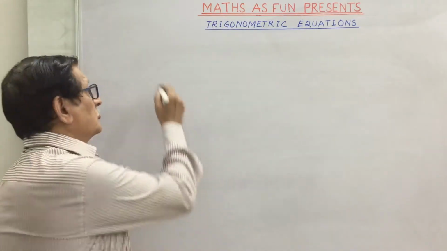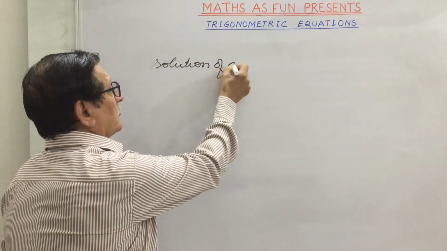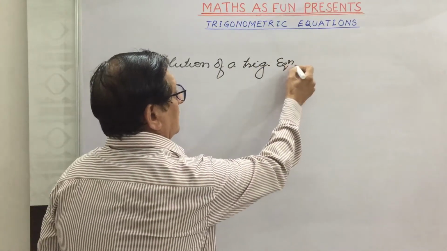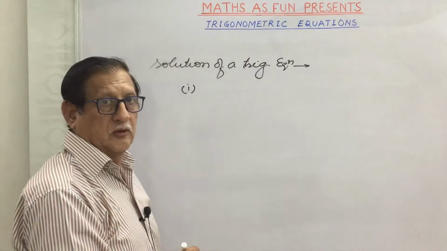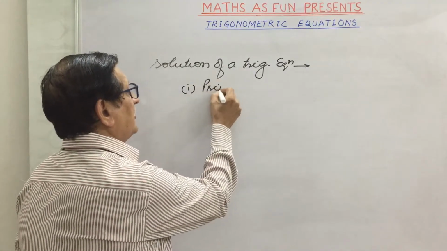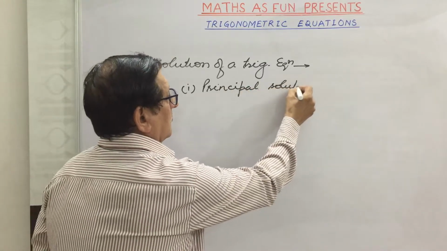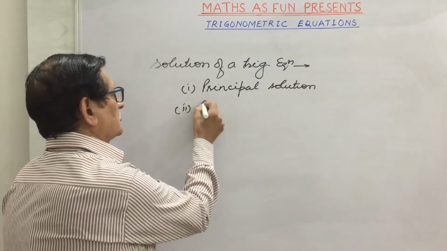When we talk about the solutions or solution of a trigonometric equation, we divide into two categories. One is we have principal values or principal solution, and another is general solution.